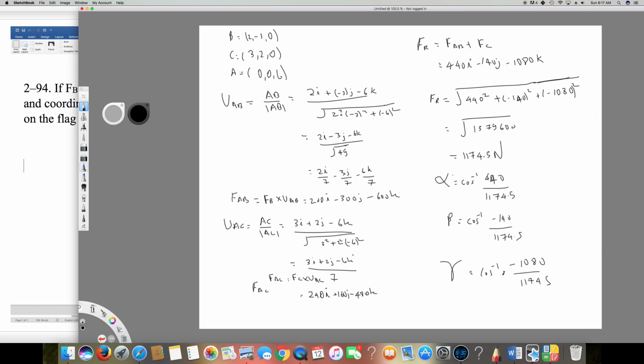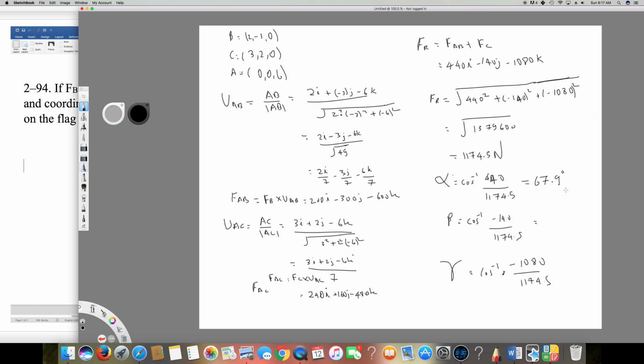If I plug this in the calculator, the first value is cos inverse of 440 divided by 1174.5, which gives me 67.9 degrees.